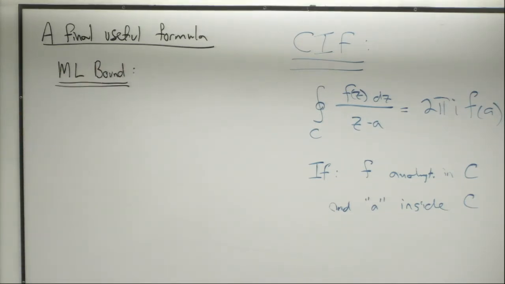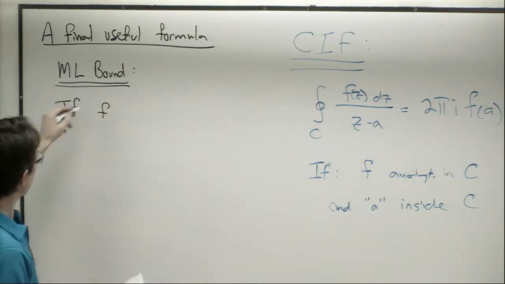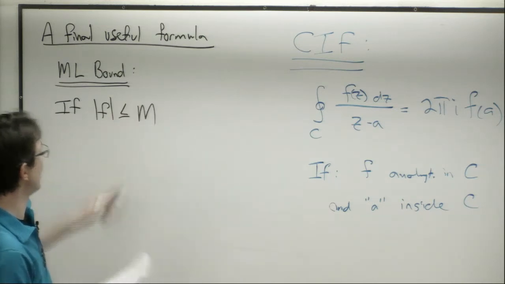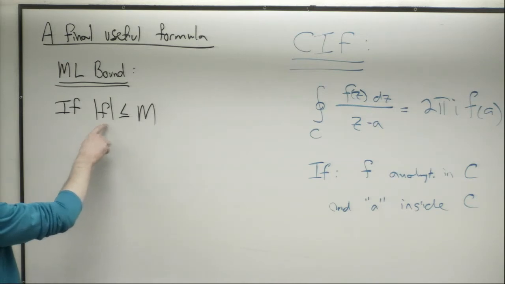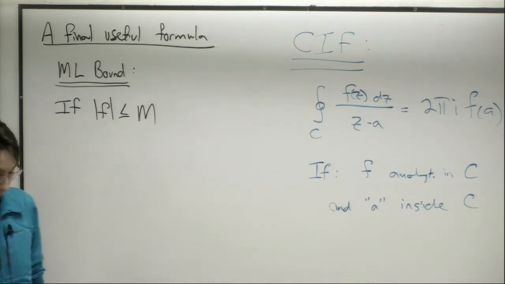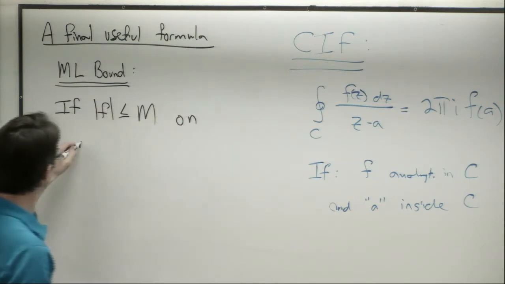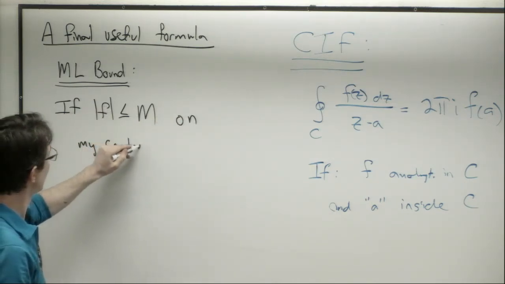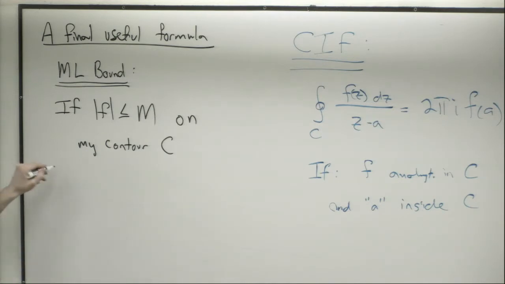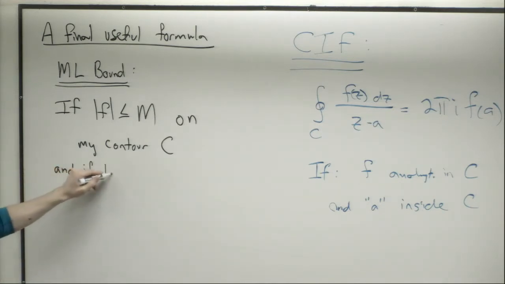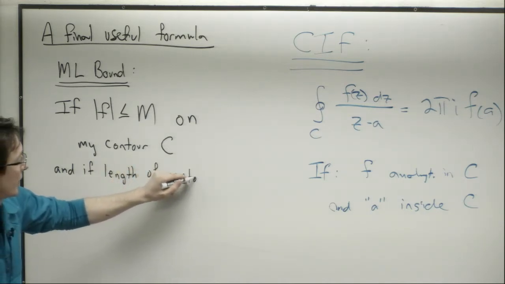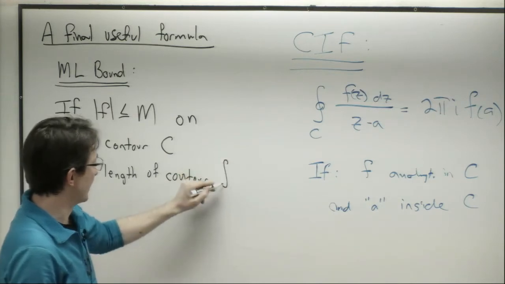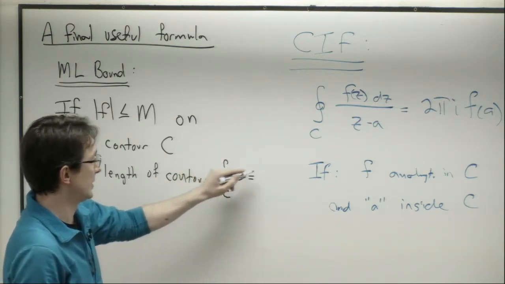So the idea is, if I have some function, if my function f is bounded, if the absolute value of f of z is less than M on my contour, and if the length of my contour, so the integral over my contour of ds, is equal to L.